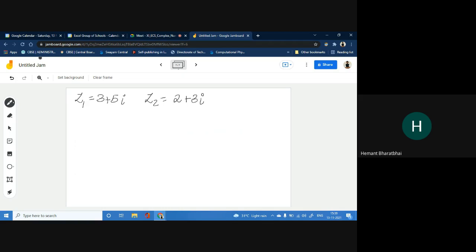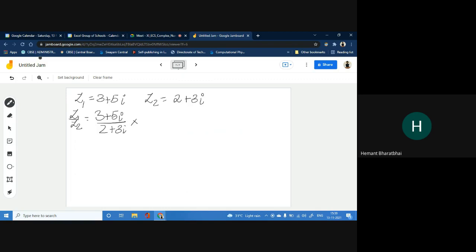Now I want to divide both the complex numbers. So let's divide the complex numbers. Z1 by Z2 will be equal to (3 plus 5i) upon (2 plus 3i). Now, how do you divide?